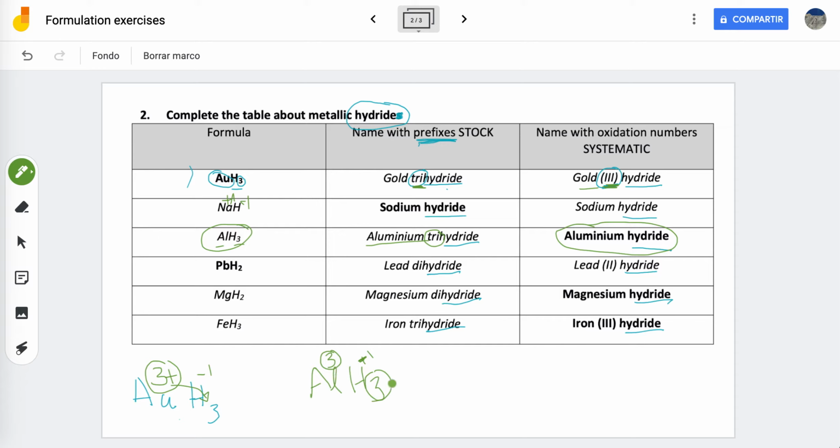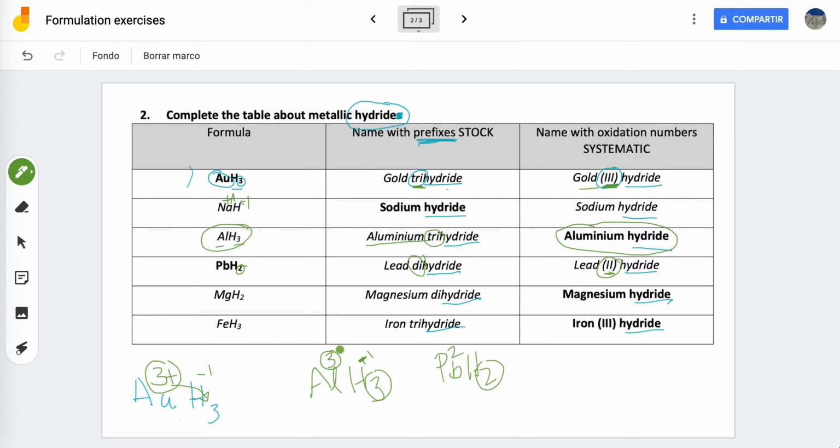Okay, good. So next, lead dihydride, because we have 2 hydrides: PbH2. This 2 comes from the oxidation number of lead, that is here 2.